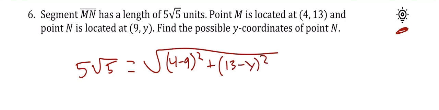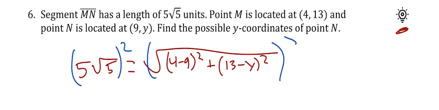So how do we do that? Well, we have the big square root on the right side, and we've got to get rid of that if we can. So what can we do? We can square both sides of the equation. As long as we do the same thing to both sides, we keep it equal. After we do that, we get (5 root 5) squared. We're distributing the square to the 5 and the root 5. 5 squared is 25.